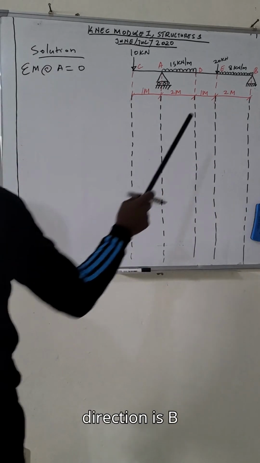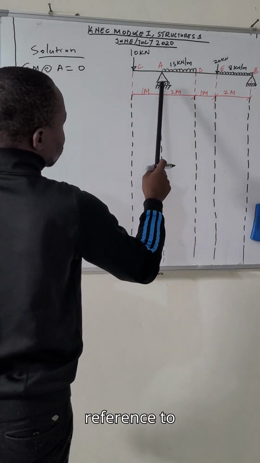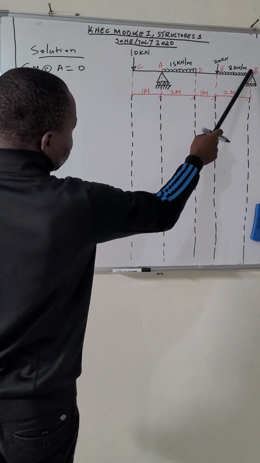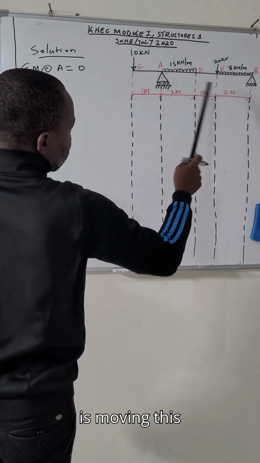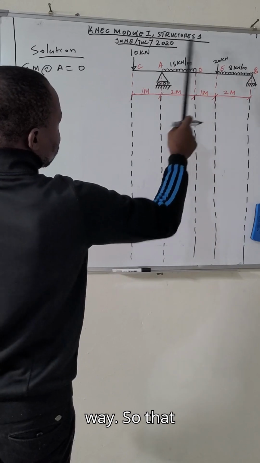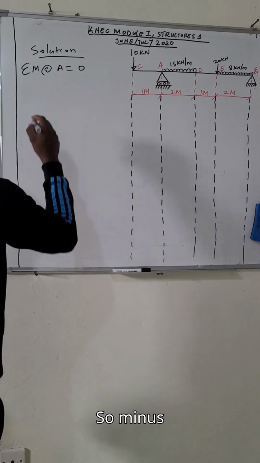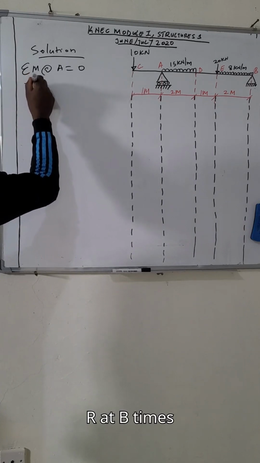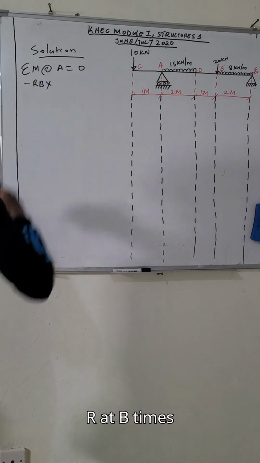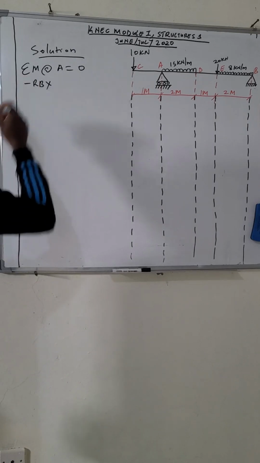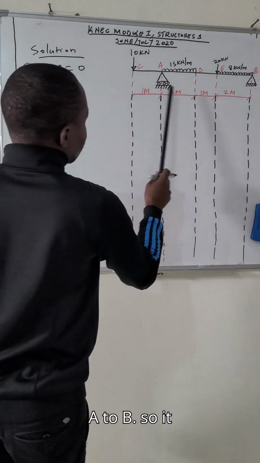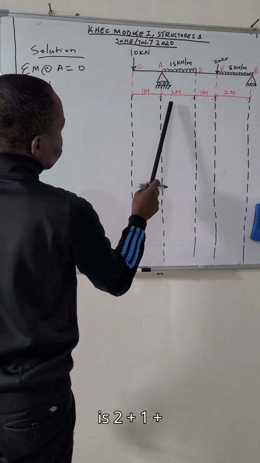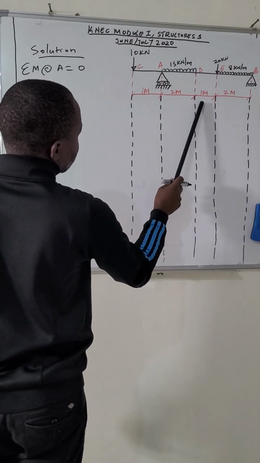So in which direction is B moving in reference to point A? So it is moving this way. So that is anti-clockwise. So minus RB times the distance from A to B. So it is 2 plus 1 plus 2.